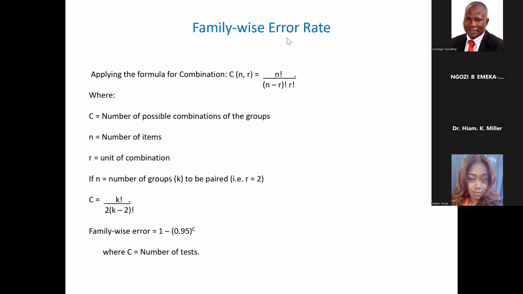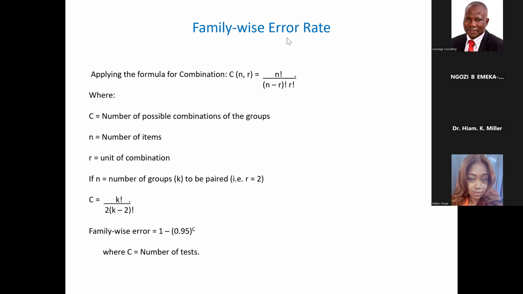That's the probability of committing type 1 error. Your probability of not committing type 1 error will be 0.95. Can you see now? Because if your probability of committing type 1 error is 0.05, that's the probability of saying that the difference is due to chance. The probability that the difference is not due to chance will be 1 minus that, which is 0.95.